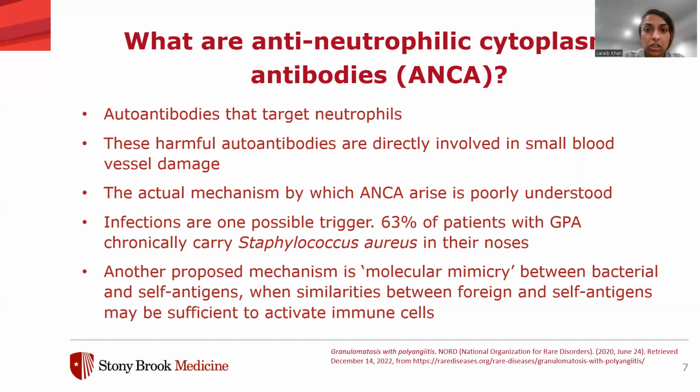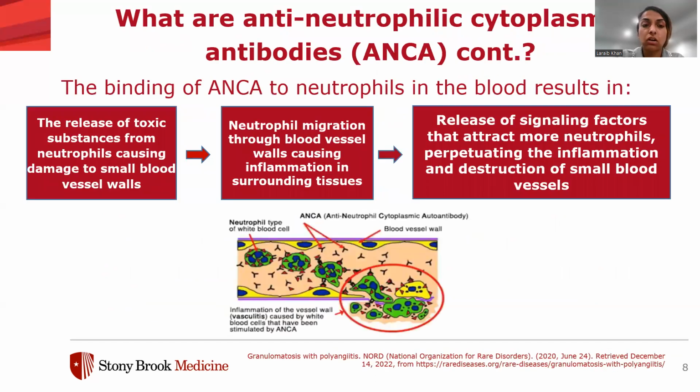So just continuing on what ANCA are. This whole mechanism shows how ANCA, or the rise of ANCA in the body, causes vasculitis. So the ANCA will bind to neutrophils in the blood, and that results in release of toxic substances from the neutrophils that causes damage to small blood vessel walls.